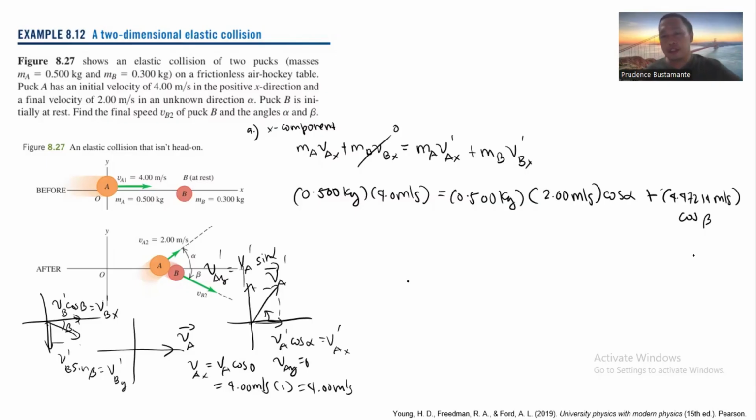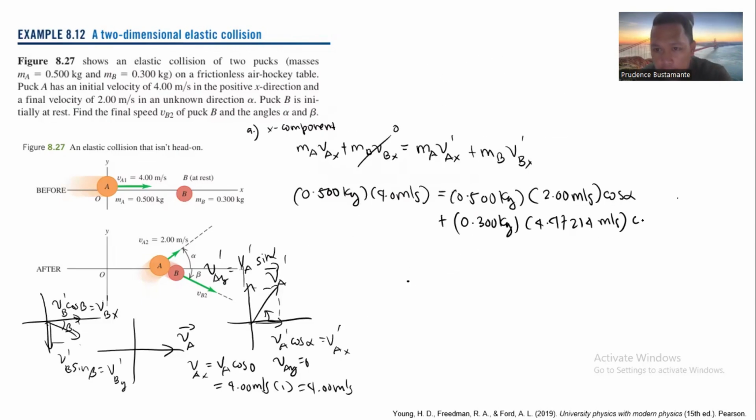Plus 0.300 kilograms times 4.47214 meters per second cosine of beta. This is for the x component.